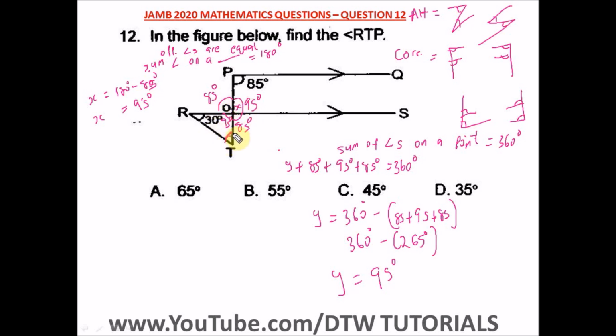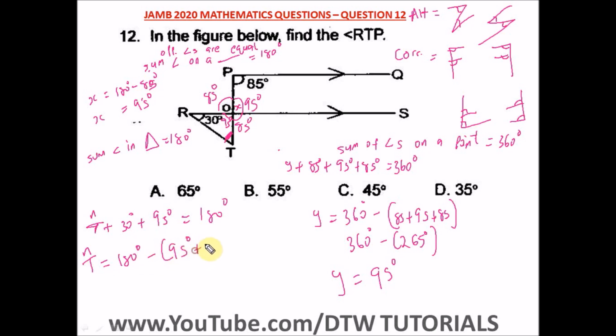Now to find angle C, remember that this is a triangle, and the sum of angles in a triangle is equal to 180 degrees. So angle T plus 30 degrees plus 95 degrees all equals 180 degrees. So angle T is equal to 180 degrees minus (95 plus 30) degrees.